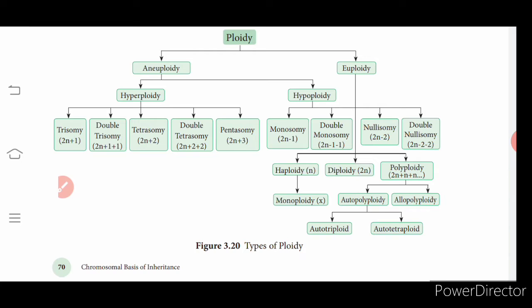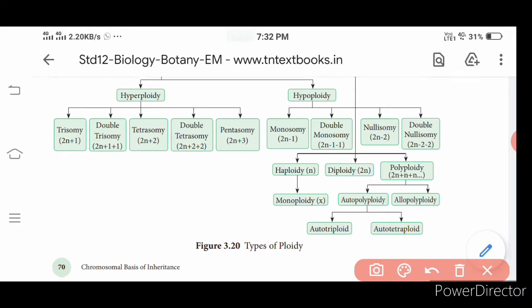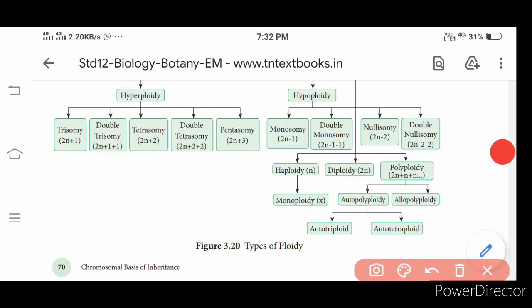Ploidy, so increase in number. Aneuploidy: under aneuploidy we have two types, hyperploidy and hypoploidy. Under hyperploidy, trisomy: here 2n is normal, along with that one more chromosome is present.